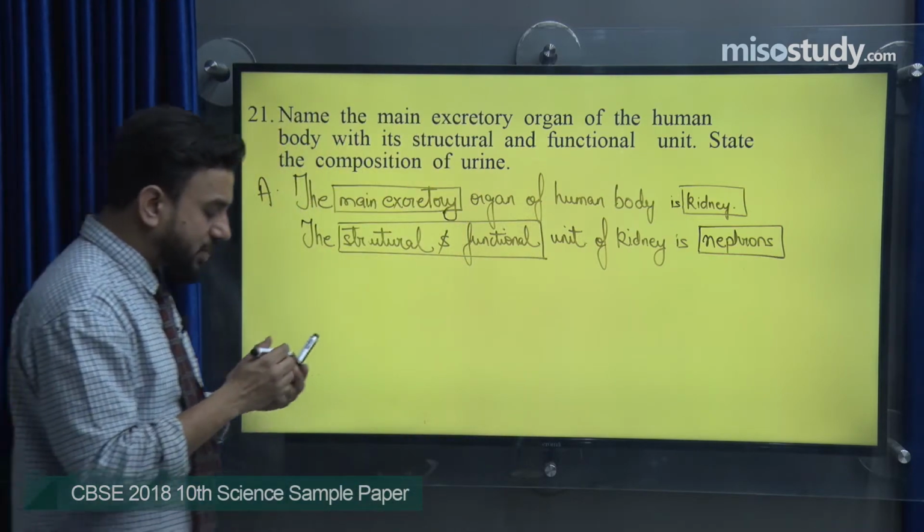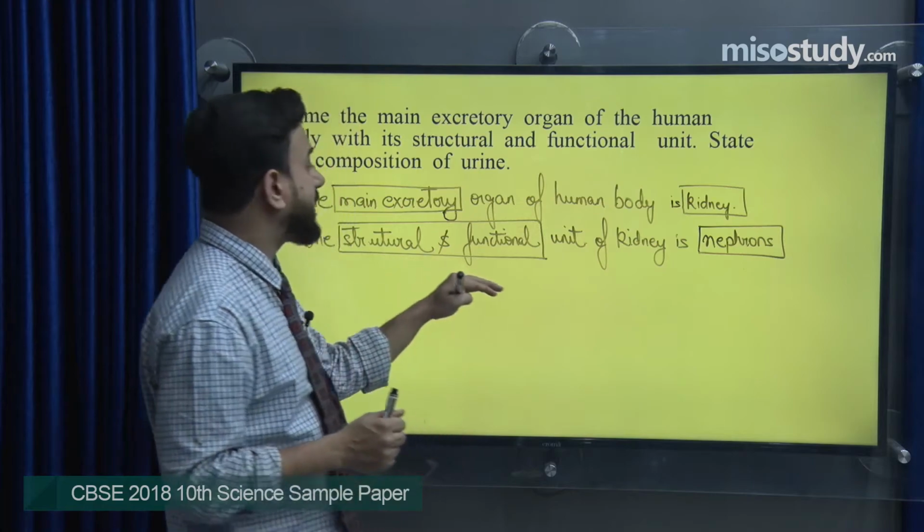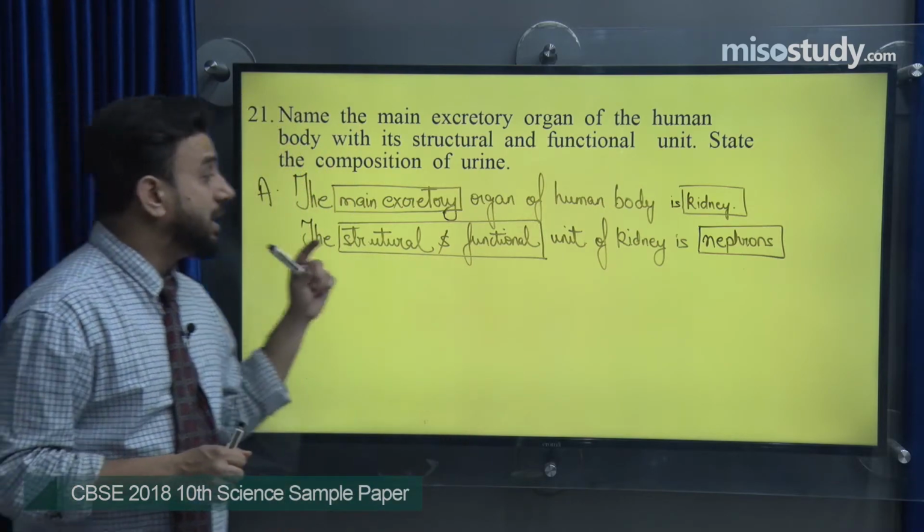So what is the structural and functional unit of a kidney? The structural and functional unit of a kidney is the nephron.